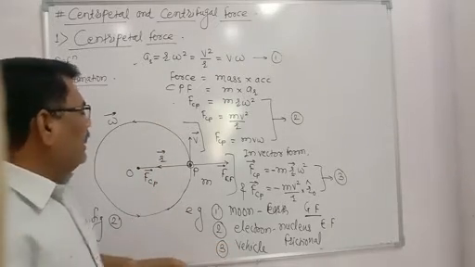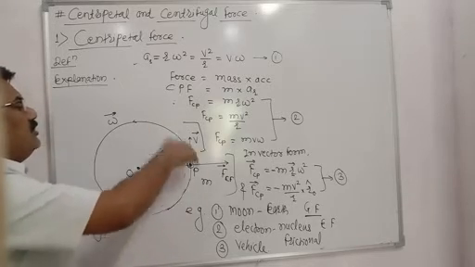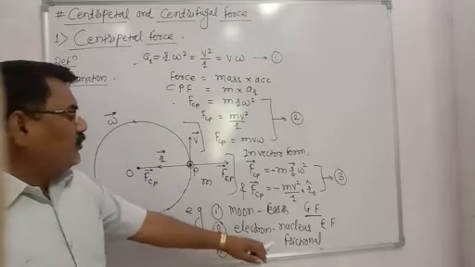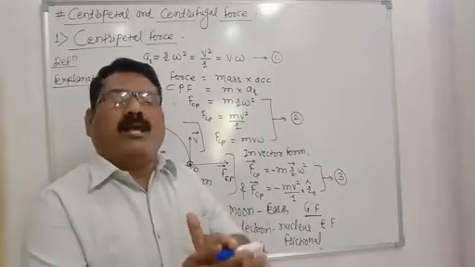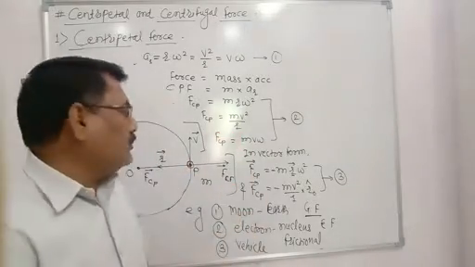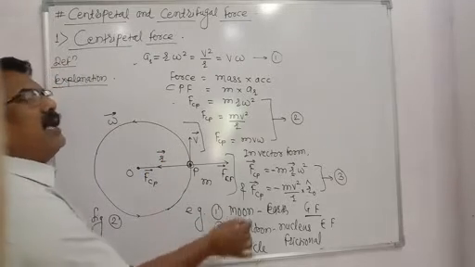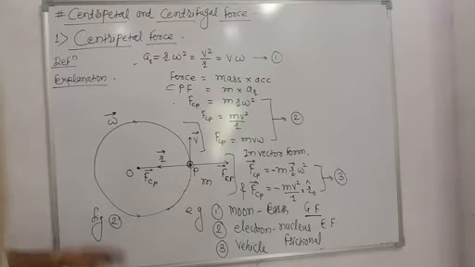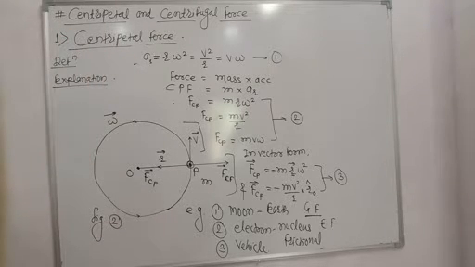So for the circular motion of that vehicle, the necessary centripetal force is provided in the form of the frictional force between the tires of the vehicle and the road surface, or the wheels of the vehicle and the road surface. This is about the centripetal force.